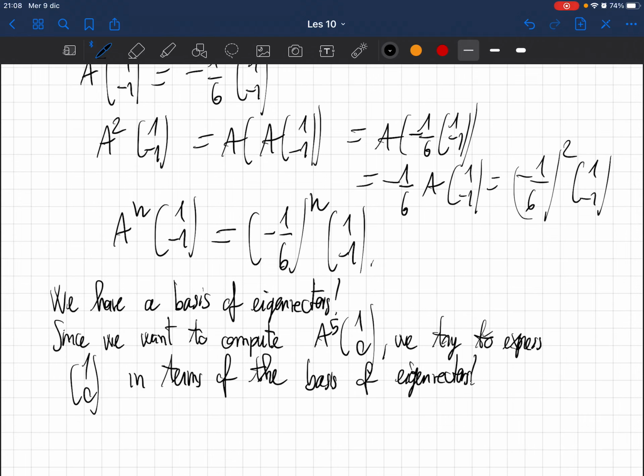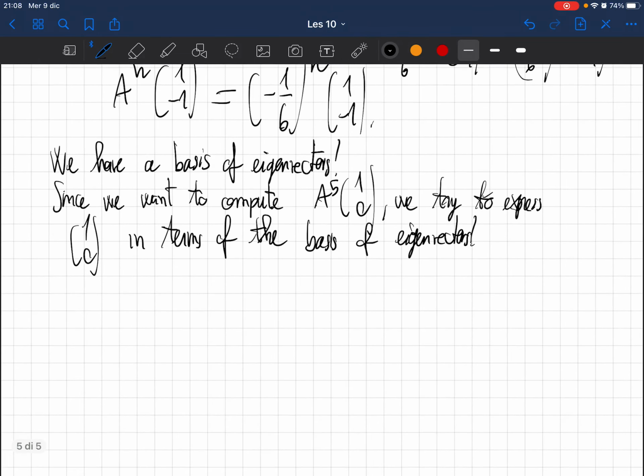What is a basis? A basis is a linearly independent family of vectors which also generates. So any vector can be expressed as a linear combination of the basis vectors in a unique way. So we just have to solve a linear system.